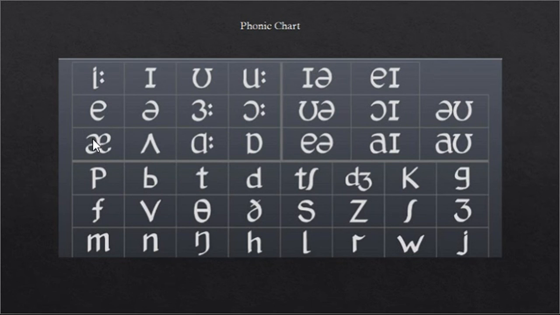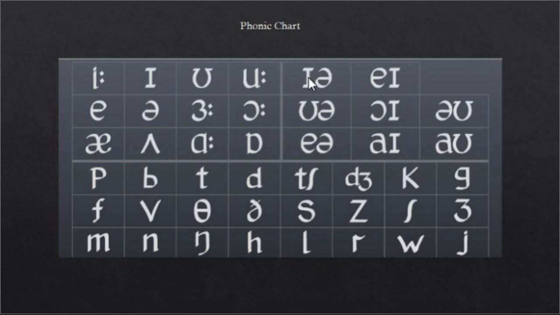A, cat. Cut. Father. Or, on. These are diphthongs. These are pure vowels, 12 symbols of pure vowels. These are 8 diphthongs.